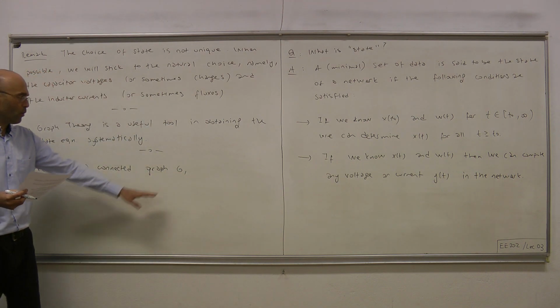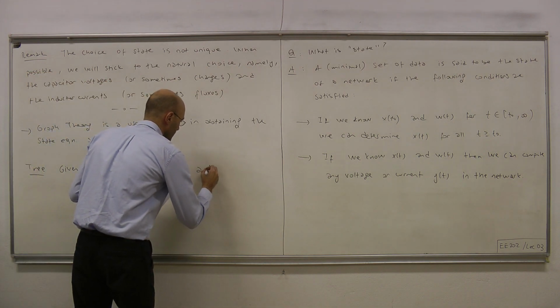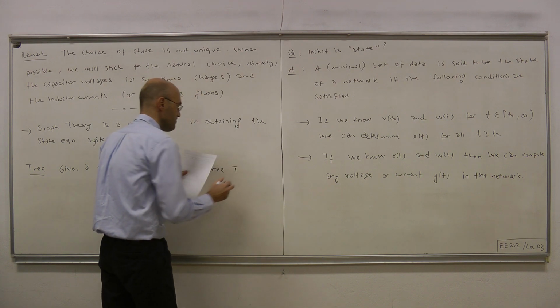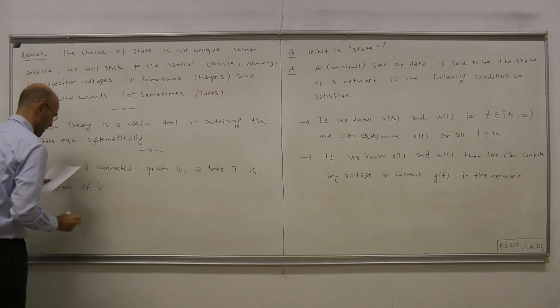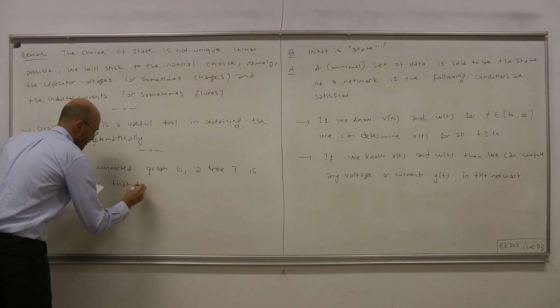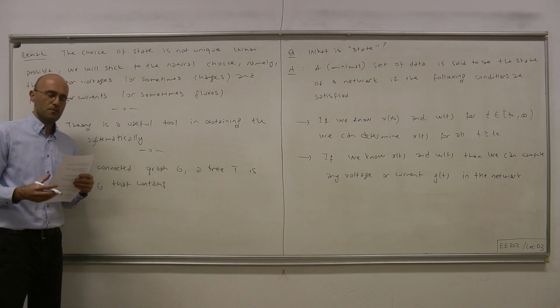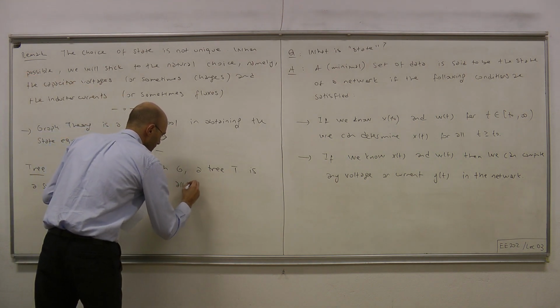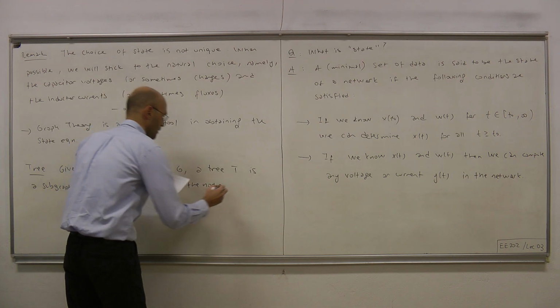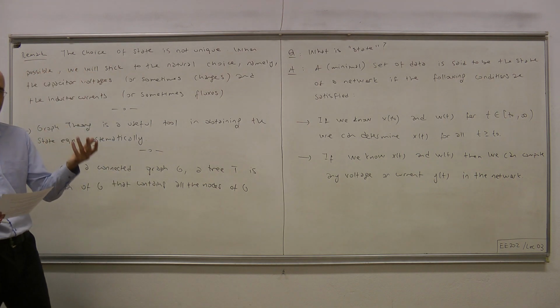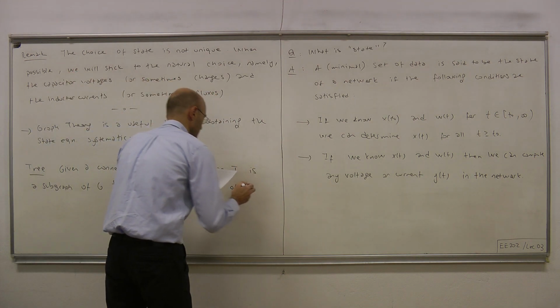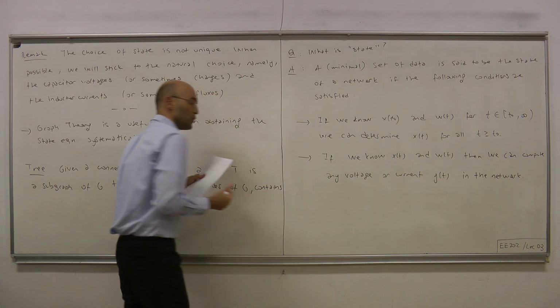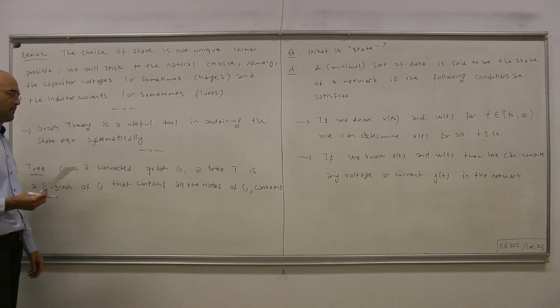Given a connected graph called G, a tree of that graph, T, is a subgraph that contains all the nodes of G, and a certain selection, which is not unique, of its edges, such that it contains no loops, but still is connected.